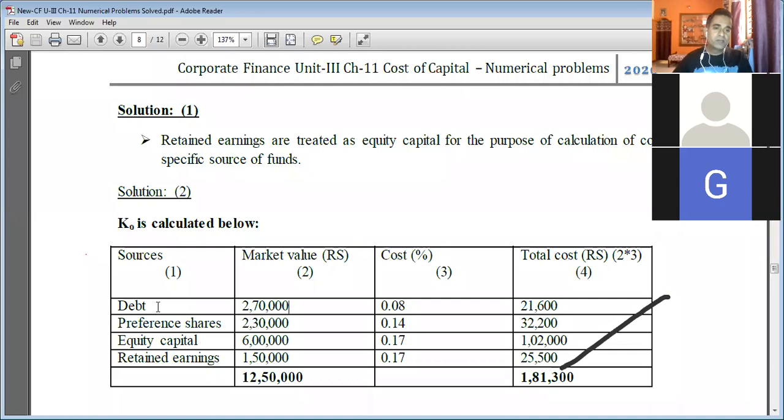So the market price of each debenture, 120 rupees, multiplied by the number of debentures. 120 into 100 will be the aggregate market value of debentures, which will be 1,20,000.